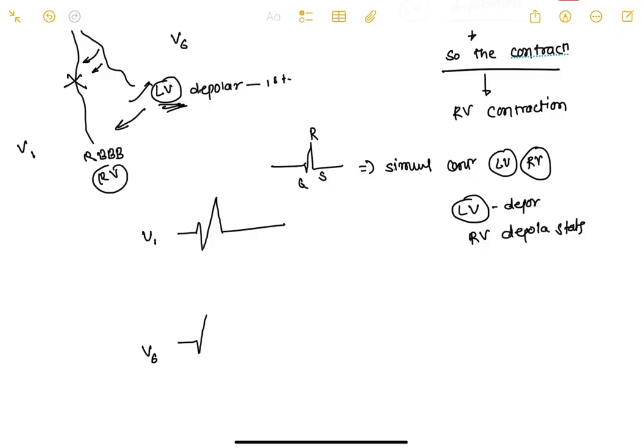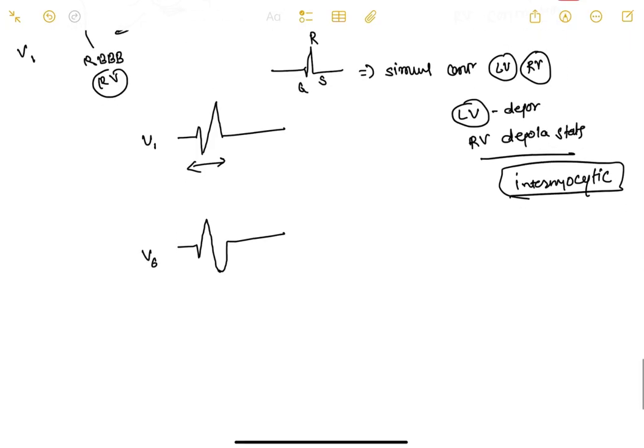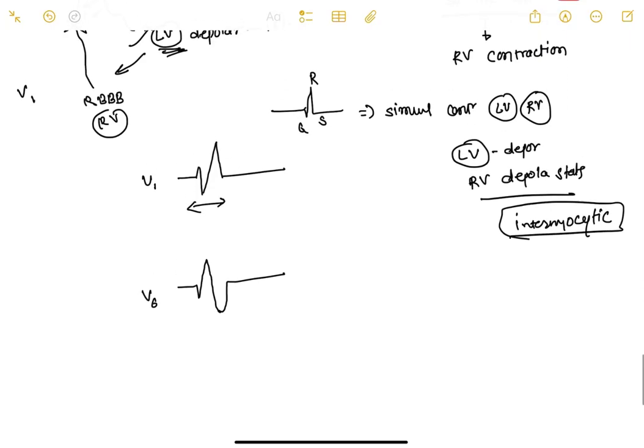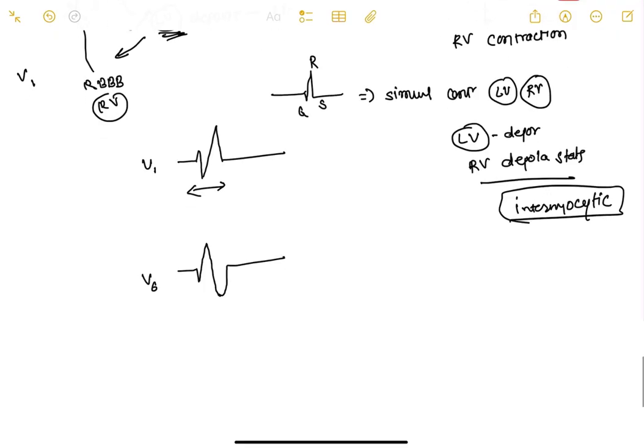The depolarization of the right ventricle is intermyocytic, so this will be a broad QRS complex. This is the ECG of right bundle branch block. I hope you have understood this basic concept.